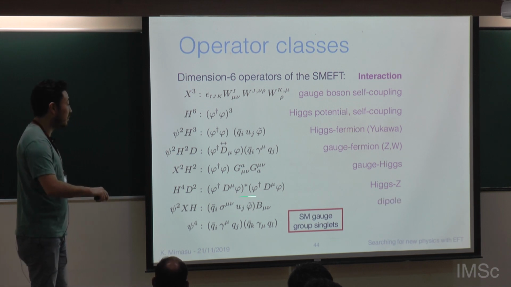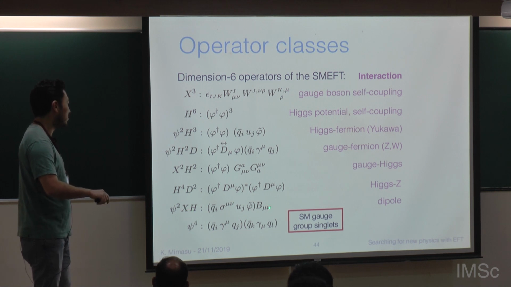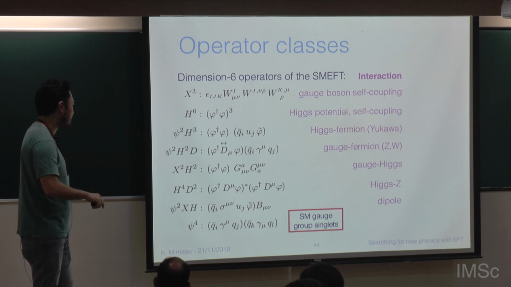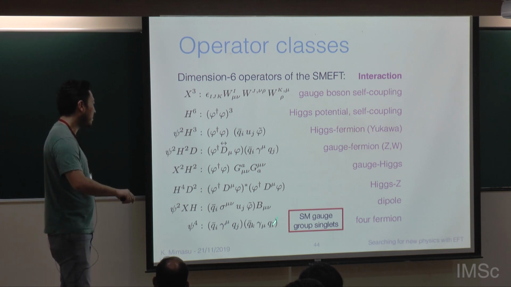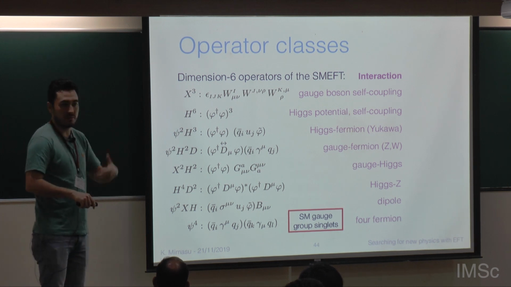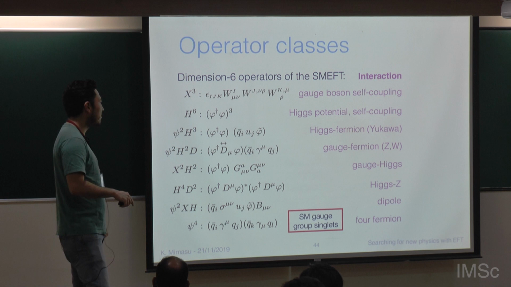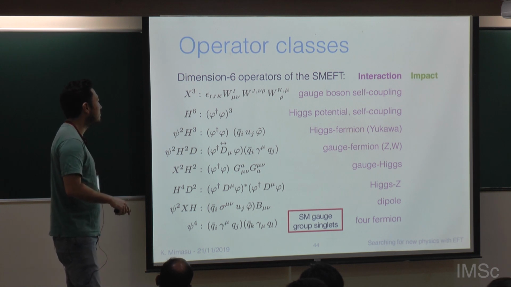These are the so-called dipole operators, which can affect either the SU2 or just all of the gauge interactions. They give you a non-standard Lorentz structure between the gauge fields and the quark, left-right quark combination with this sort of funny sigma mu nu structure. And then finally, of course, our well-known 4 fermion operators, which are now the same as our Fermi interaction.